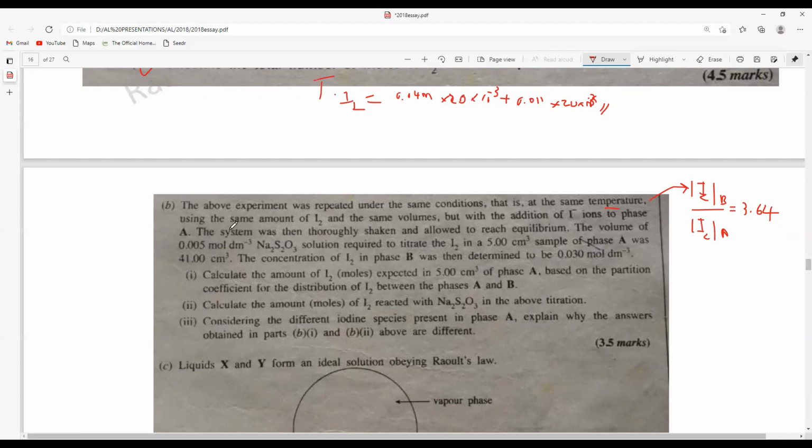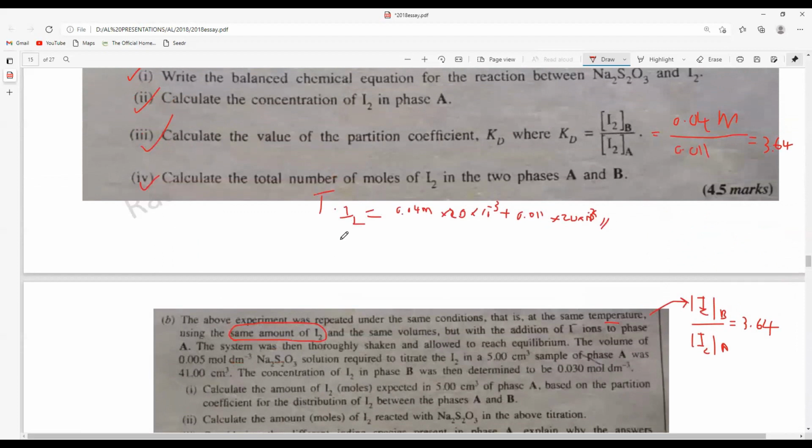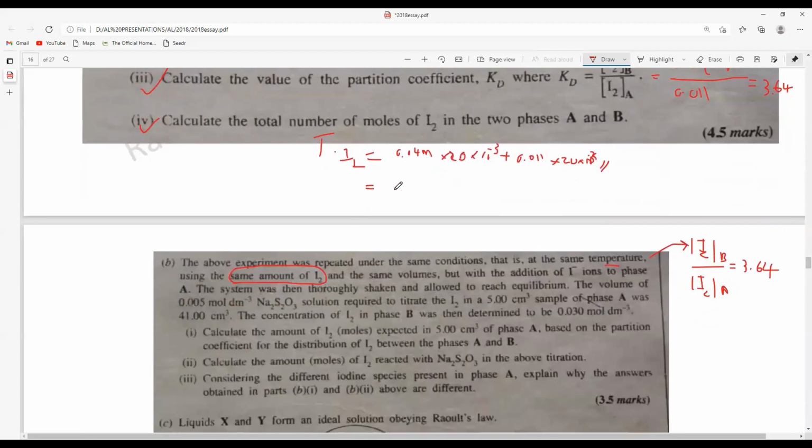So we use the same amount of I2, the total amount. When you find the total amount for the last question in question number 4, you will see the total amount is 1.02 times 10 to the power minus 3 moles. So you can keep that in mind.